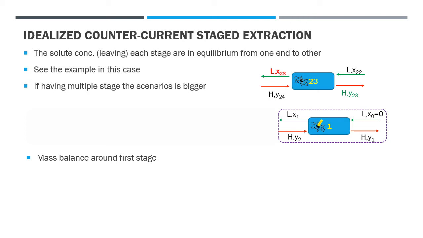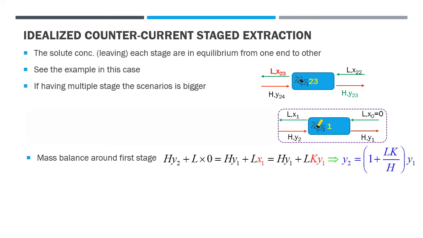If we make a mass balance around this stage for total input and total output, we will find Hy2 plus L into 0 equals Hy1 plus Lx1. You must know that x1 and y1 are the streams coming out of the stage. That means they are in equilibrium. So we can say, instead of x1, K y1.